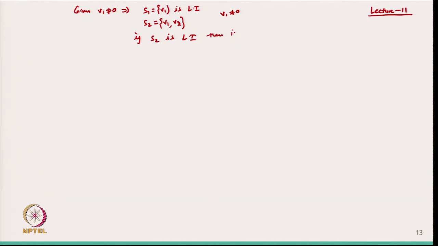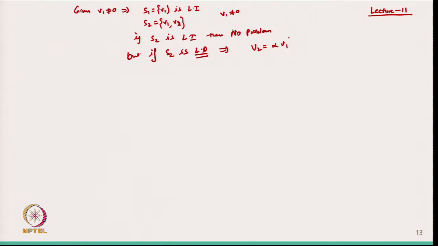But if S2 is linearly dependent, that implies that V2 can be written as some scalar multiple of V1, that we already know, and in fact they will be collinear vectors.